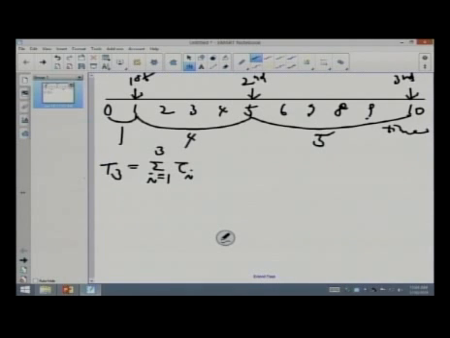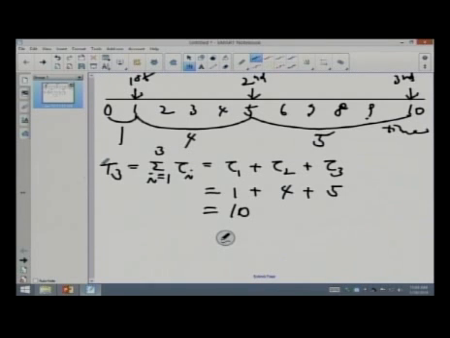Okay? So it's going to be tau sub 1 plus tau sub 2 plus tau sub 3. Tau sub 1 is 1, the first interval is 1. Tau sub 2 is 4. Tau sub 3 is 5. Okay? So what is this? That's going to be 10. So the time of the third success occurred at time t equals 10. Is that correct?